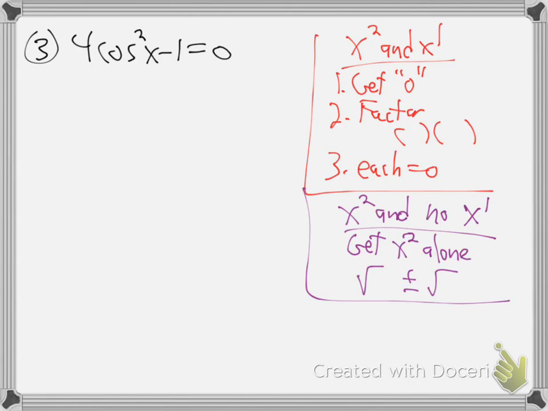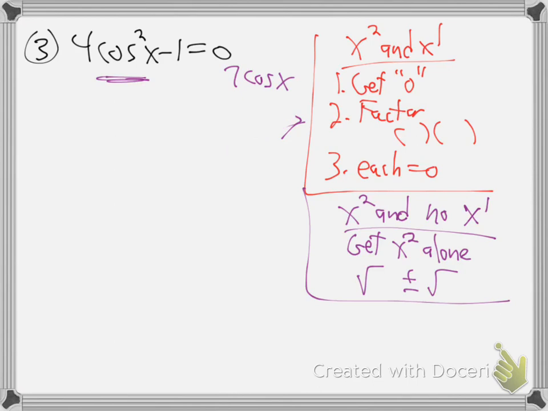But if you just have x squared and no regular x, it's easier. That's what we have here. See how we just have a cosine squared and we don't have a regular cosine anywhere? You see the difference I'm talking about? If I had cosine squared and over here was a 7 cosine normal, then I would go, oh yeah, got to do this whole get a zero, factor, three-step process.